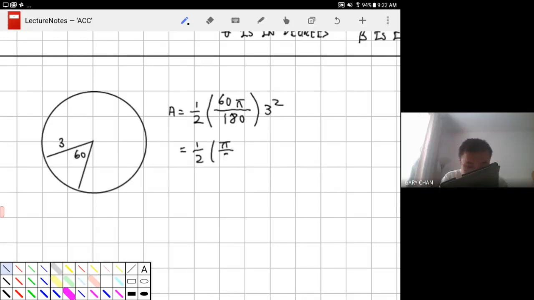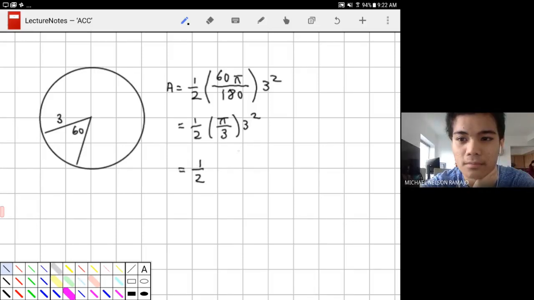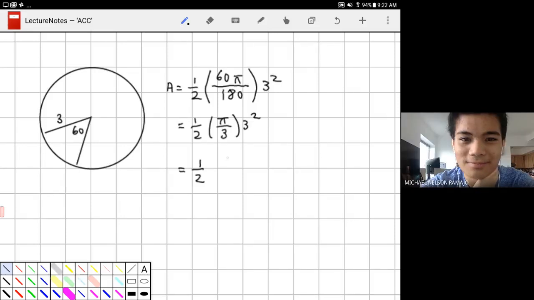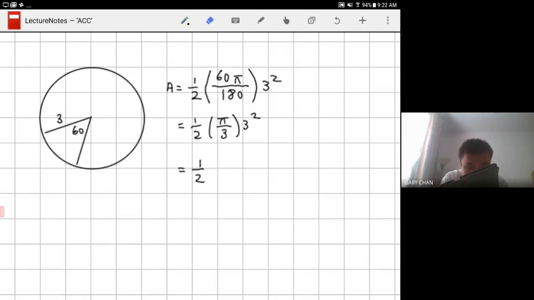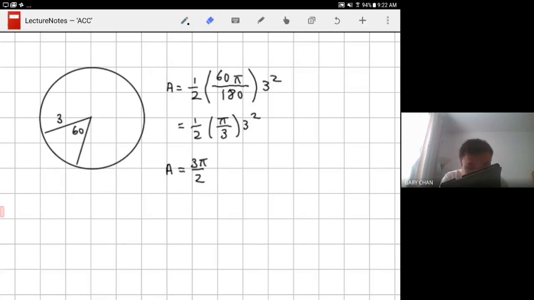So it's pi over 3. And I have 3 squared and 3. Can one of them be eliminated? 3 squared is 9. 3 goes into 9 how many times? 3. So I'm left with 3 pi over 2. That's my answer there.